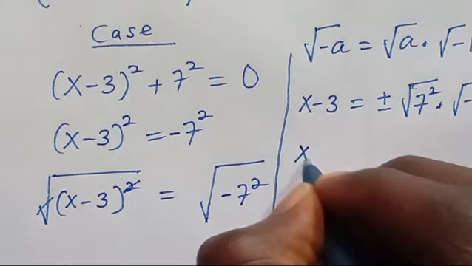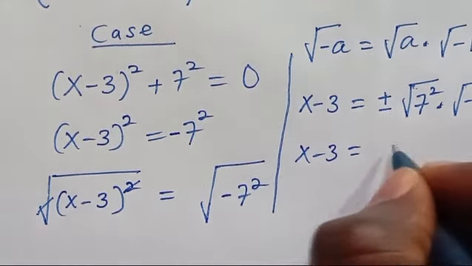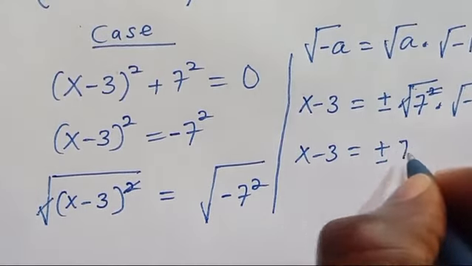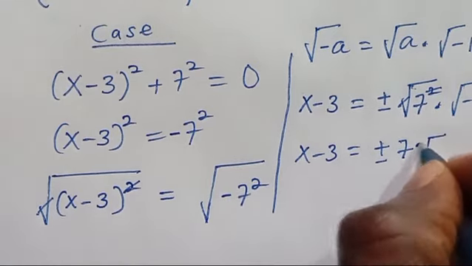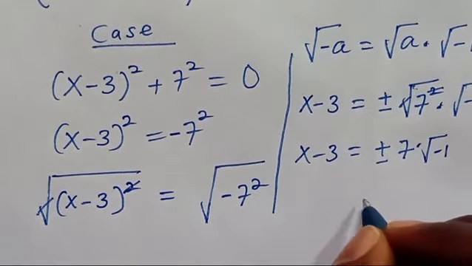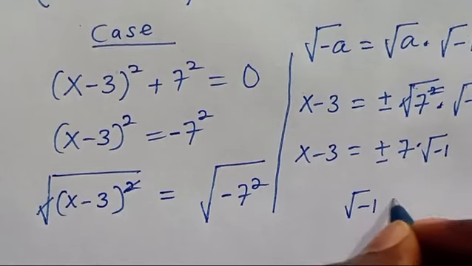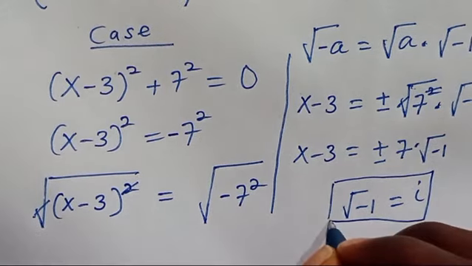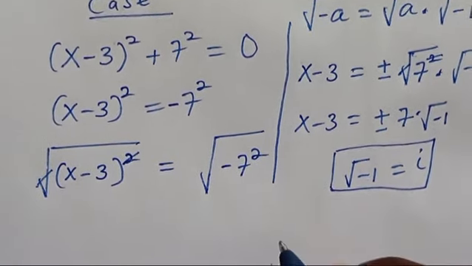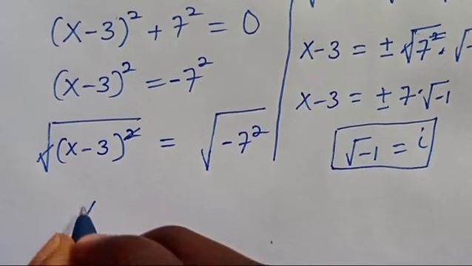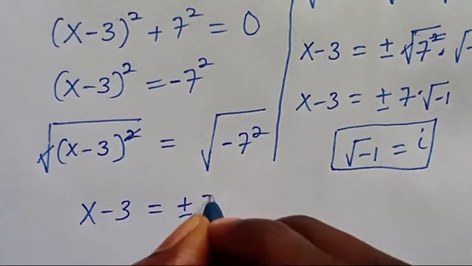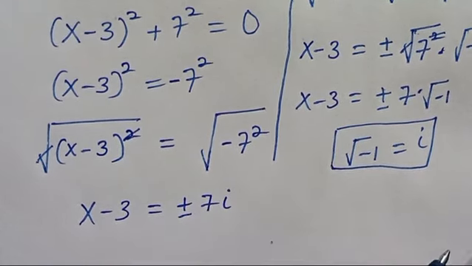So we have x minus 3 positive or negative, we cancel this, we have 7 multiplied by root of minus 1. Then root of minus 1 equals i. This is a complex number. So we are going to have x minus 3 equals positive or negative 7i.